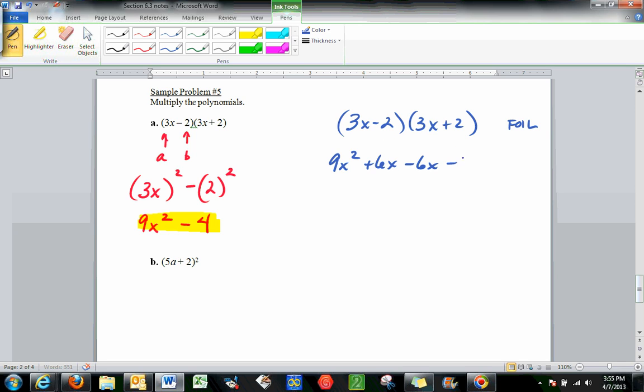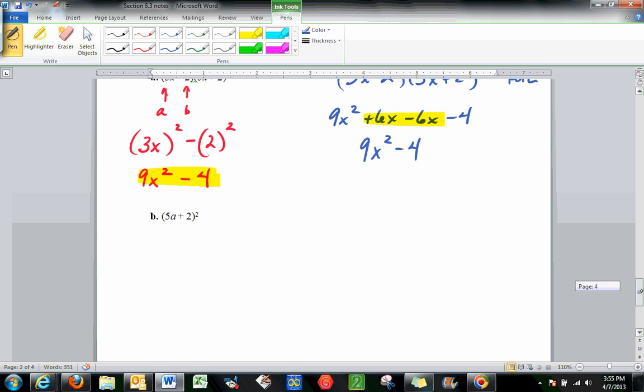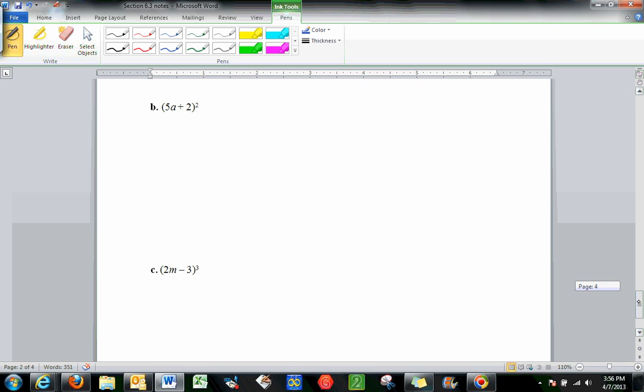Negative 2 times 2 is going to give us negative 4. And of course, the negative 6x and the positive 6x cancel out, leaving us with the same answer of 9x squared minus 4. So we come up with the same answer either way. You have to decide whether you think the distributive property would work best for you, or maybe you'll like the pattern best. Okay, so try that again with part B.